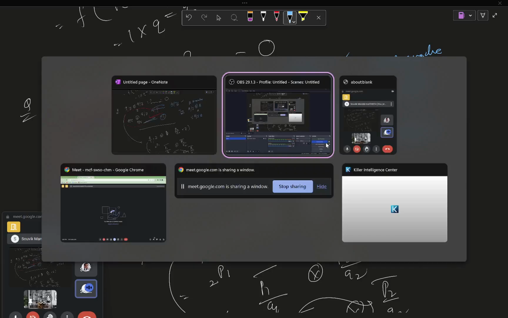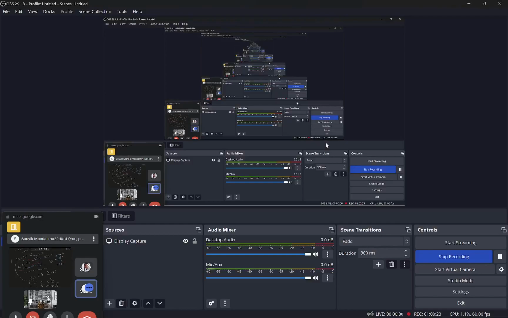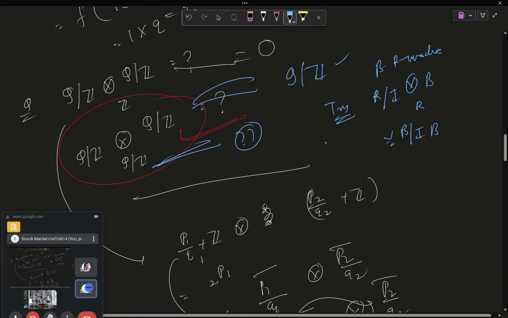You can try by yourself. Suppose B is an R module. Now try to show that R by I tensor B is isomorphic to B by IB.